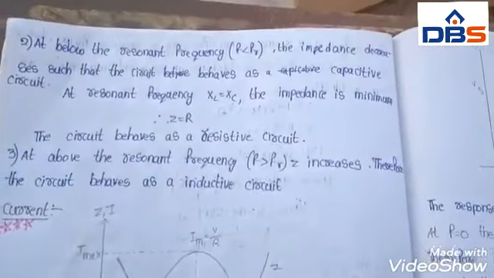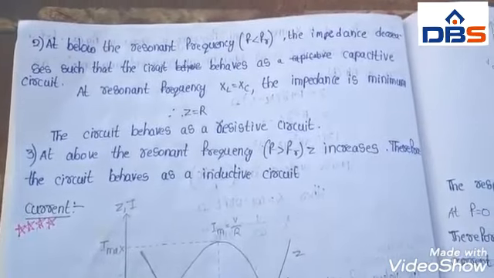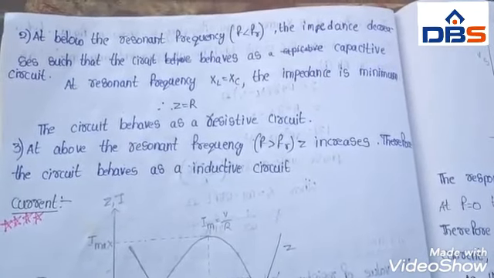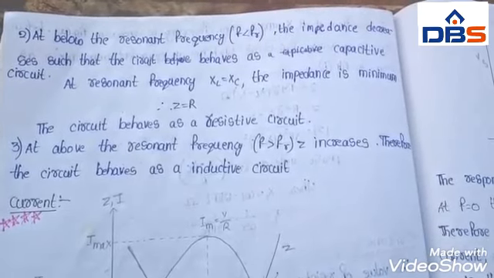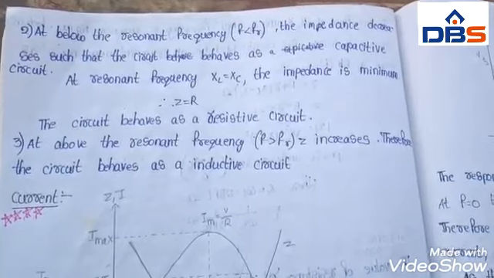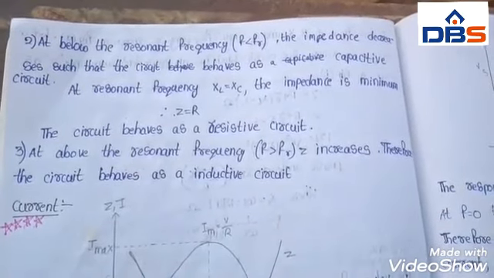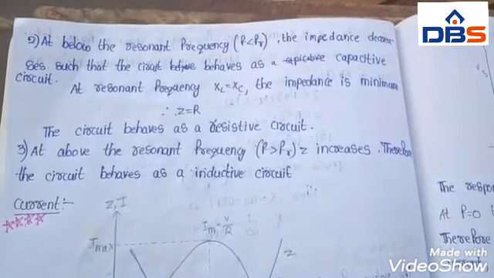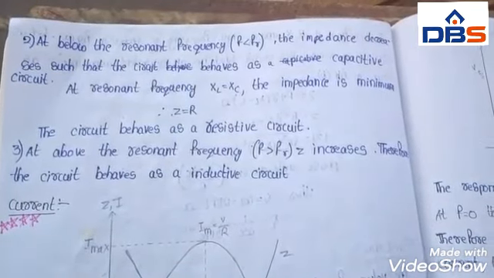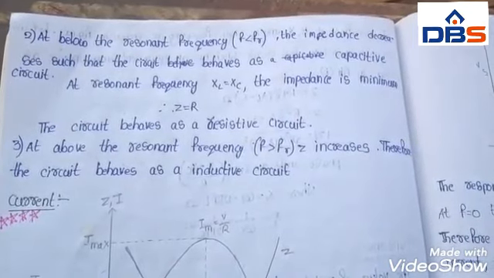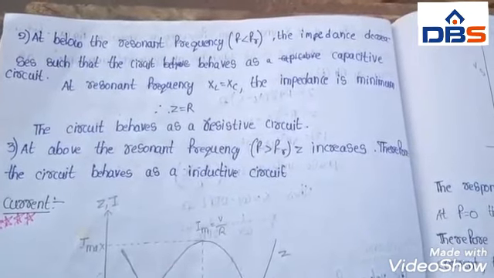Below the resonant frequency the impedance decreases, such that the circuit behaves as a capacitive circuit. At resonant frequency the circuit behaves as a resistive circuit. Above the resonant frequency the impedance increases, therefore the circuit behaves as an inductive circuit.